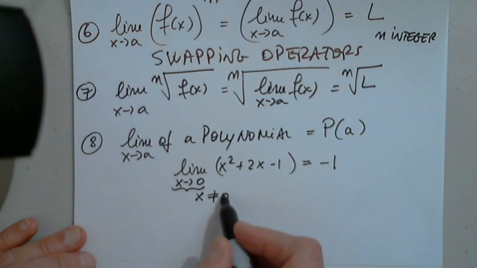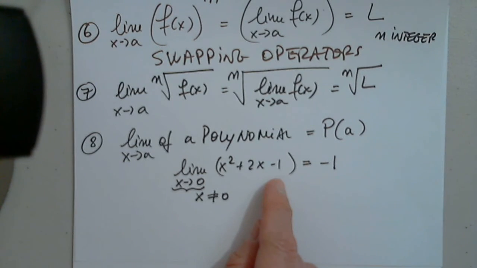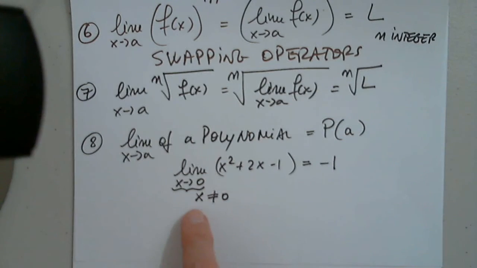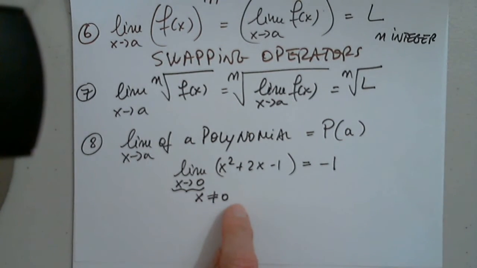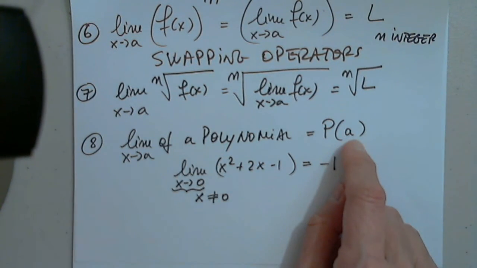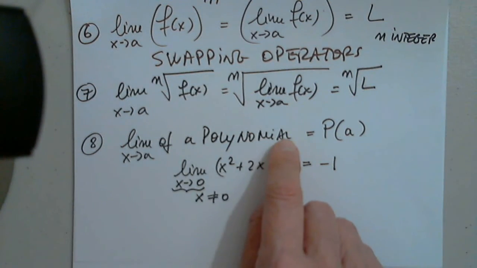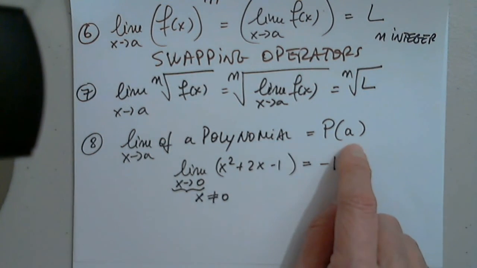Does not equal 0. But here I am telling you to plug in 0. So this is a contradiction. When x approaches 0, I specified clearly x does not equal 0. But yet I'm telling you to plug it in. And this is a theorem. It happens that it is true. So all you have to do, if you are determining the limit of a polynomial, we just plug it in.